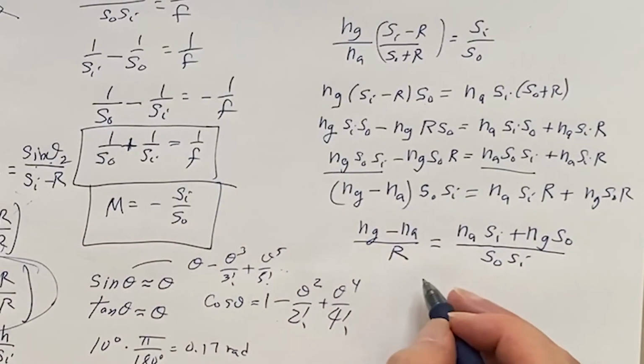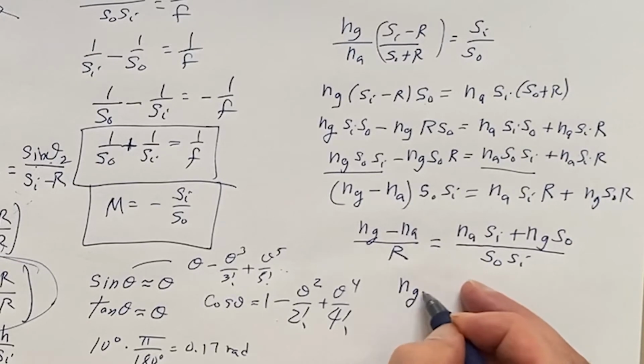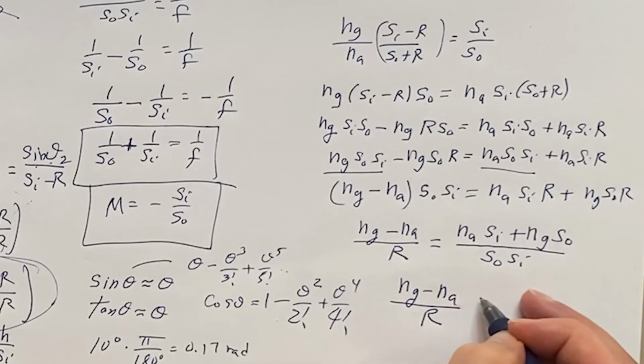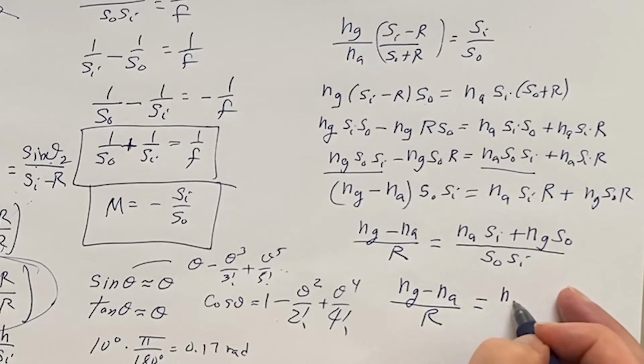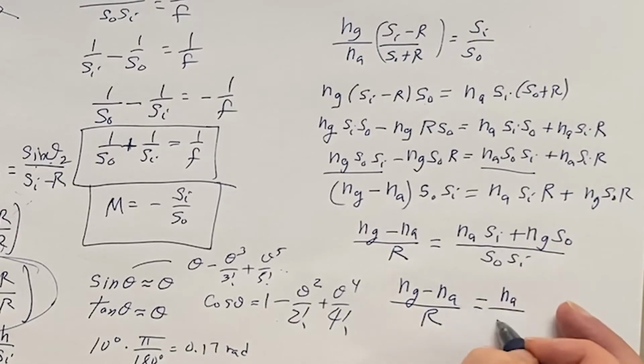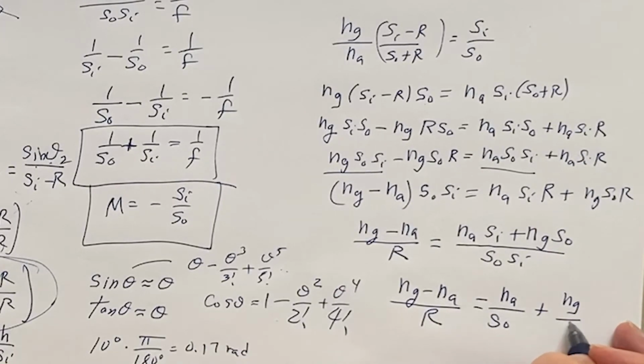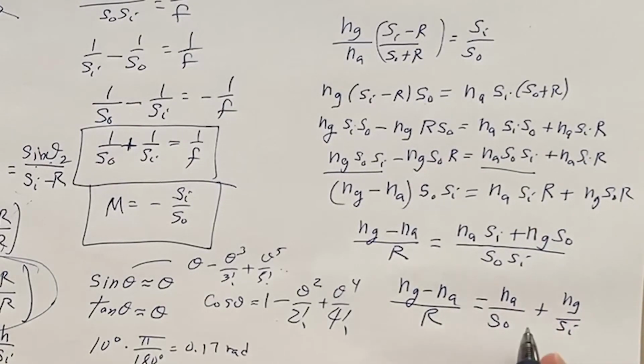And then this gives us Ng minus Na over R is Na over So. This is nice. And Ng over Si. Very, very nice result there.